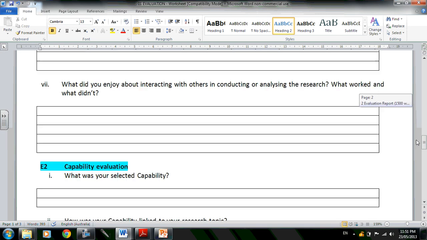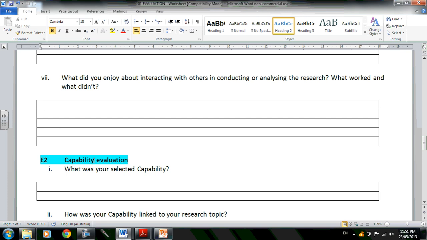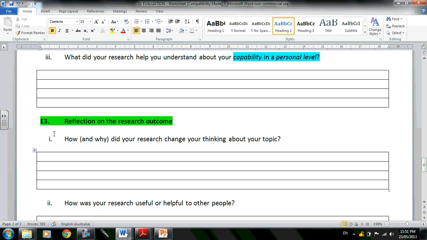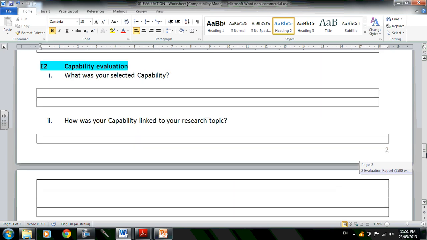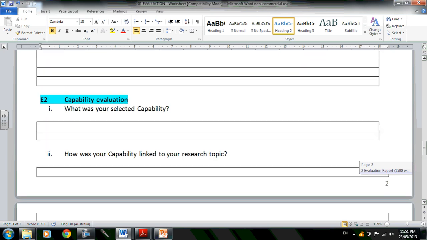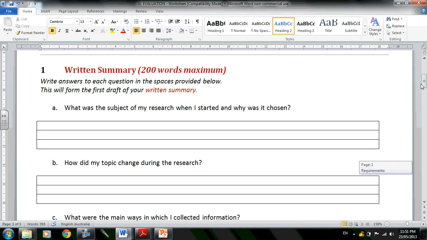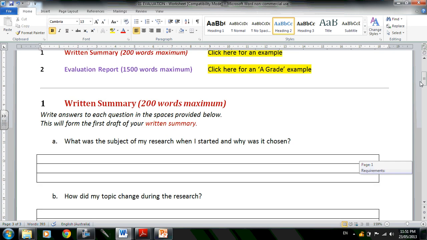Then the evaluation of your capability and how this capability relates to your research, and the reflection on the research outcome with regards to what this has offered to you and what it can offer to others. So it's very important to have a topic that makes a difference and helps other people. This is the breaking through.